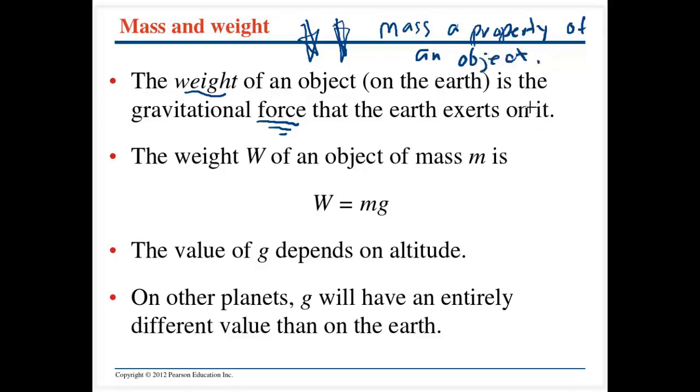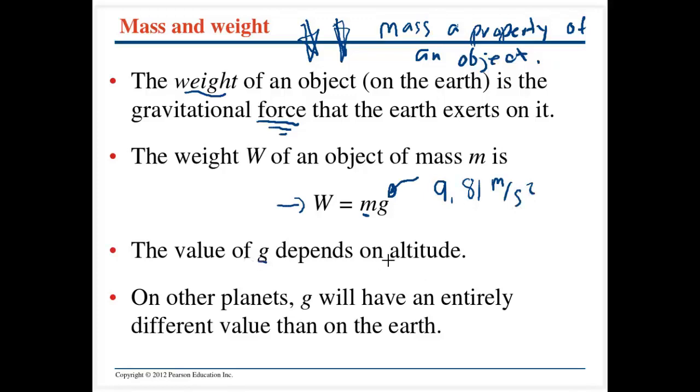It's how much a body resists acceleration, or how much inertia a body has. The weight is simply the force that the Earth exerts on it, and we can write that knowing the mass, as well as knowing the gravitational attraction from, in this case, Earth, which would be the number that we've used already, 9.81 meters per second squared.